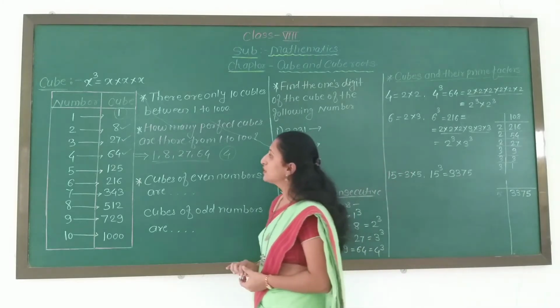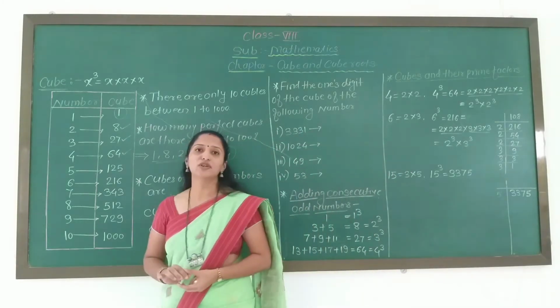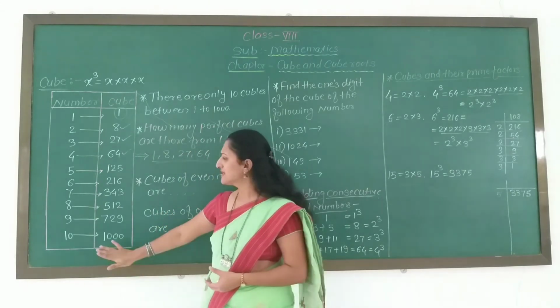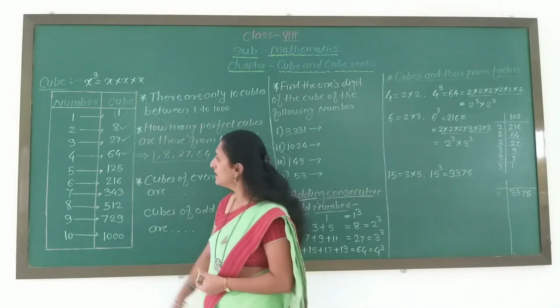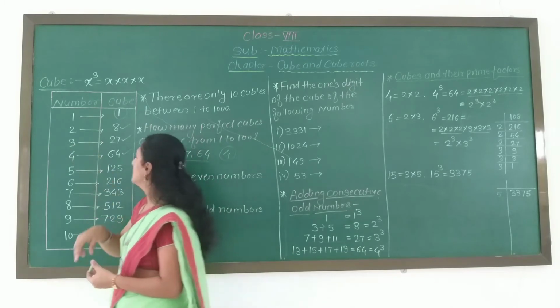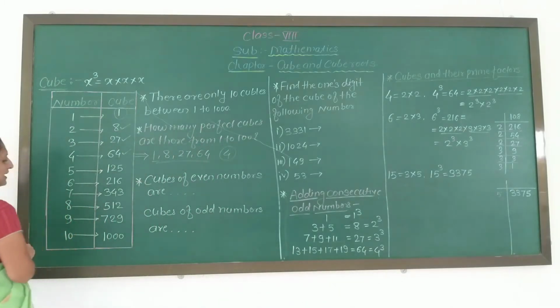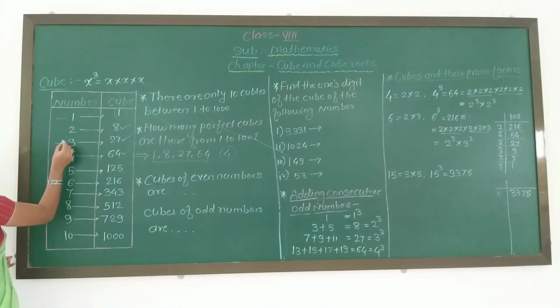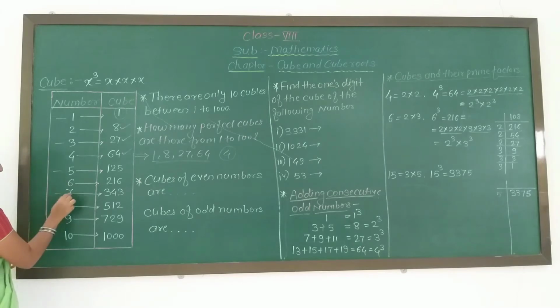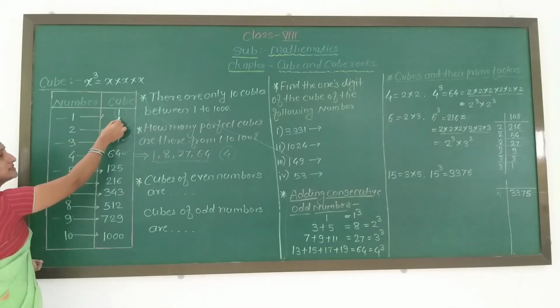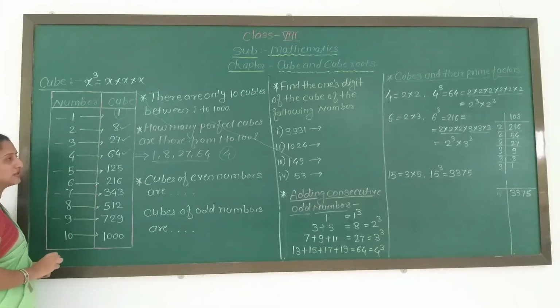Now look at the cubes of even numbers and cubes of odd numbers from the same table. Here 1, 3, 5, 7 and 9. All are odd numbers. Now look at the cubes of odd numbers. Cube of 1 is 1 and 1 is an odd number.